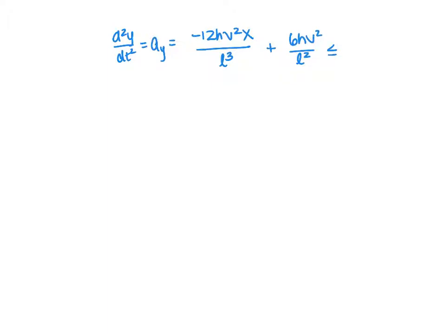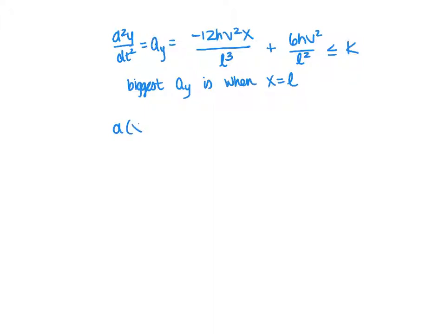Now, we were told that the biggest this could be, it had to be less than or equal to k. And we have to figure out, well, where would that happen? That would actually happen right when it starts descending. And so the biggest a_y is when x equals L. So let's look at that.